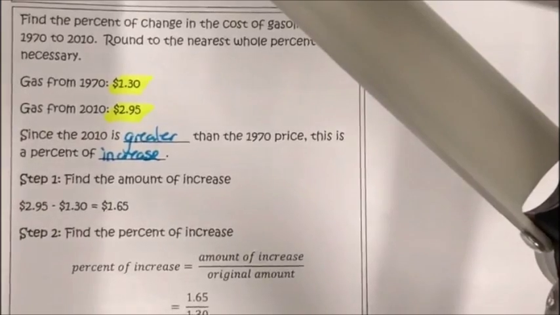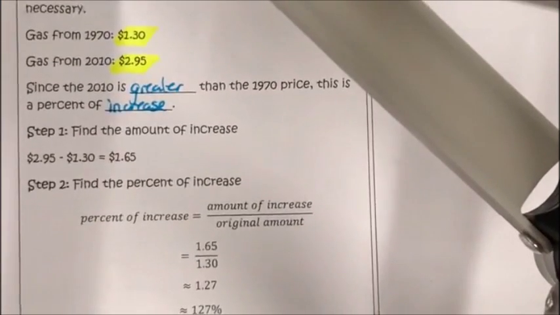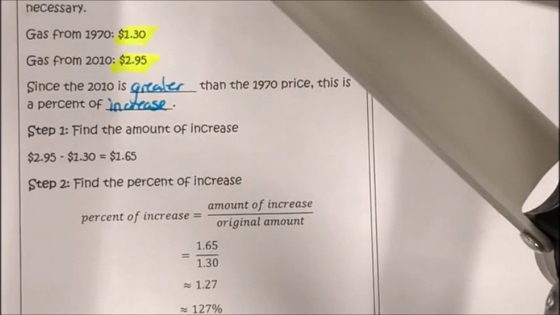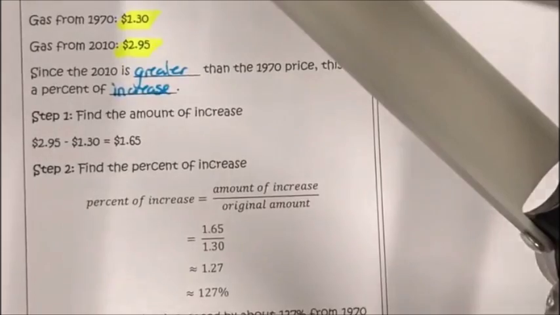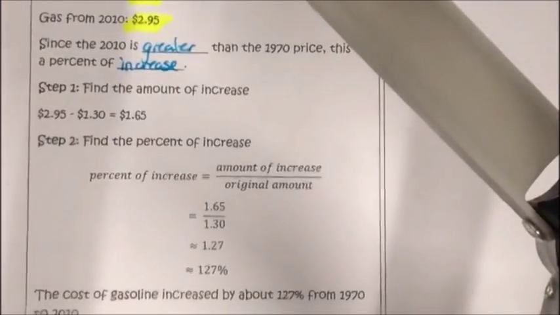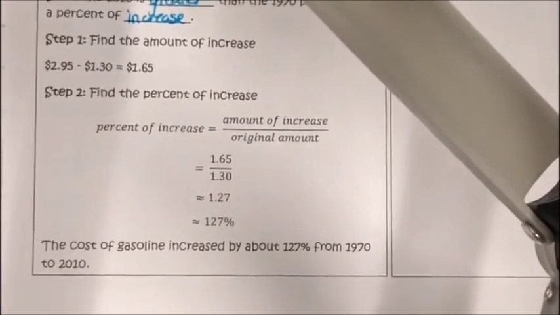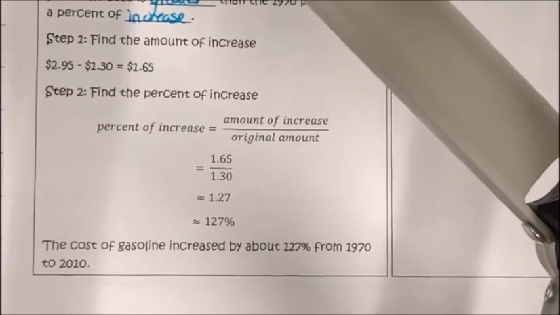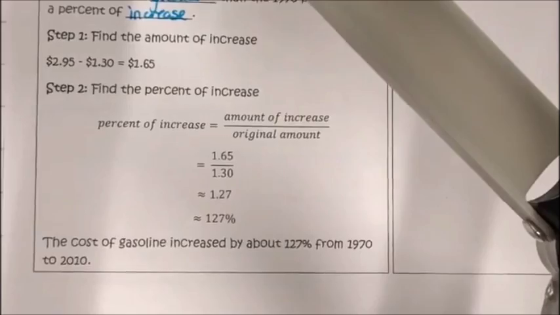So 165 over 130 is approximately 1.27. I'm looking for a percent, so I have to multiply by 100. When I do that, I get 127%. Okay, so the cost of gasoline increased by about 127% from 1970 to 2010.